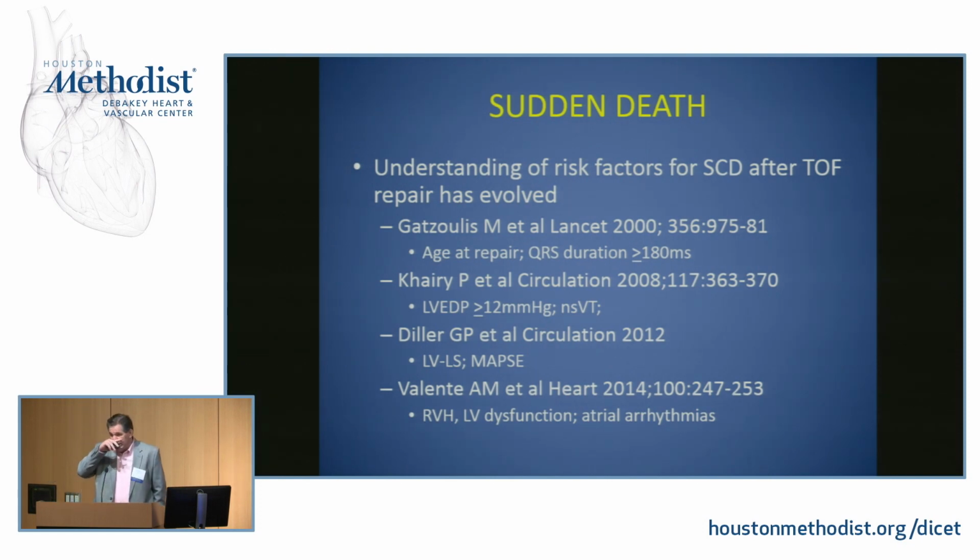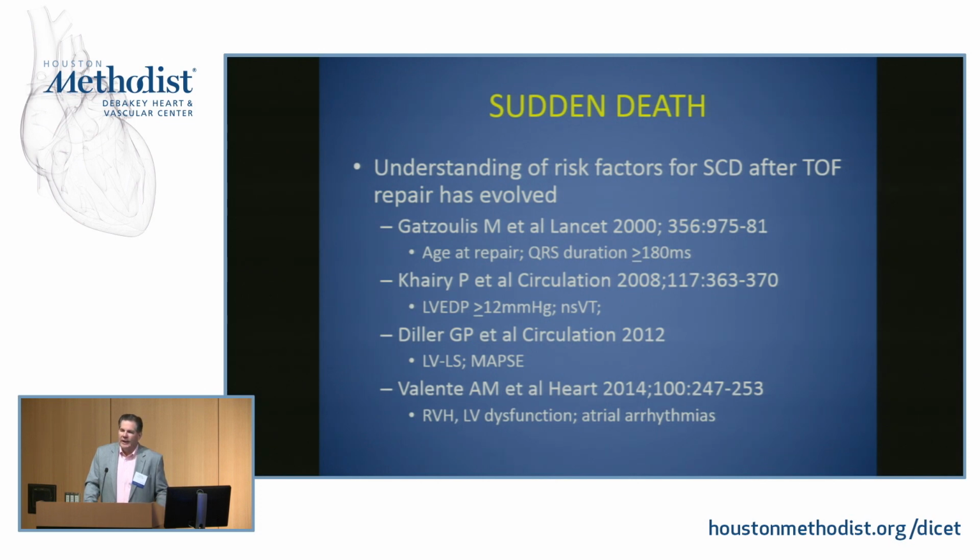Evaluating the risk of sudden death in patients with tetralogy has evolved. In 2000, there was a longitudinal study that suggested that age at repair and QRS duration were important factors. In 2008, primarily in patients who had defibrillators, the study suggested that elevated left ventricular end diastolic pressure or non-sustained VT were important considerations.